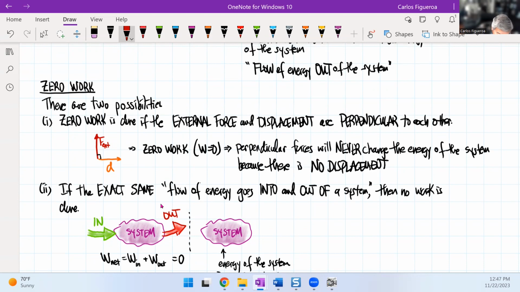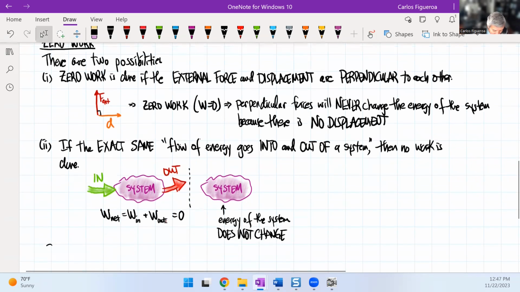That turns out to be zero work. So perpendicular forces will never change the energy of the system, roughly because there's no displacement. We'll talk about this a little more in a moment.